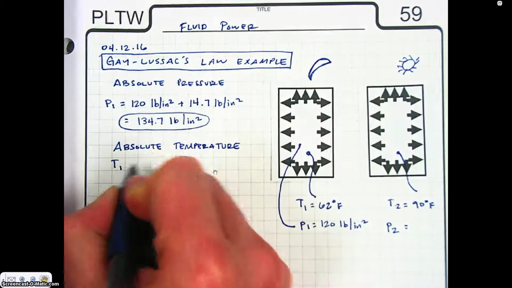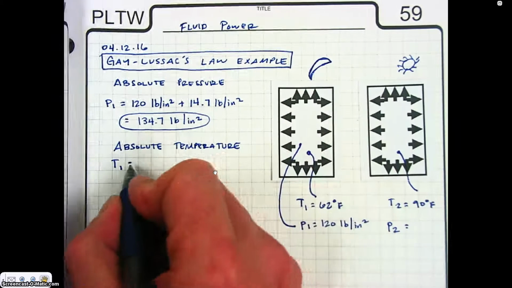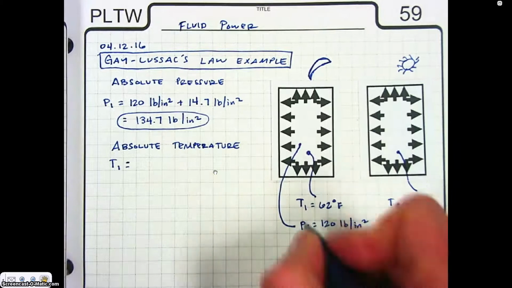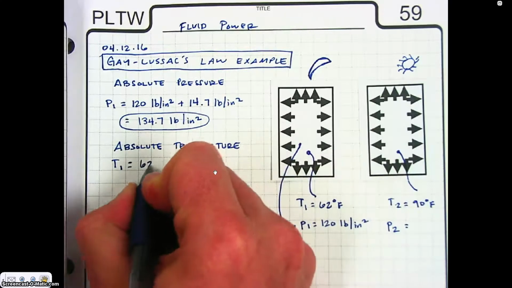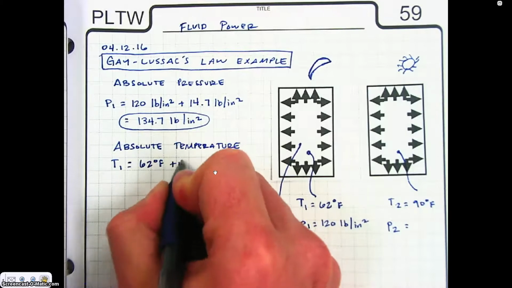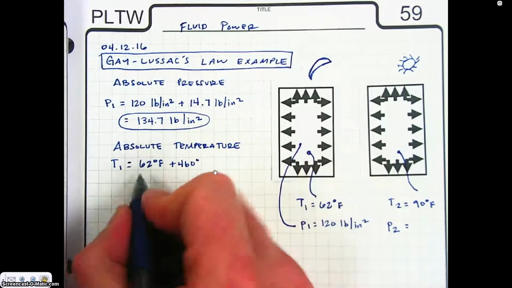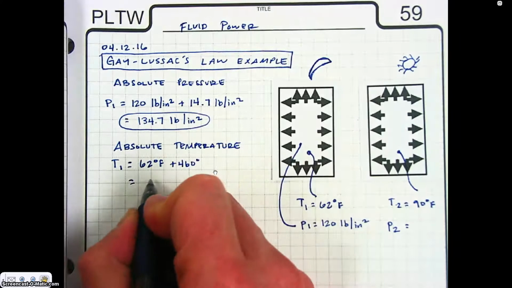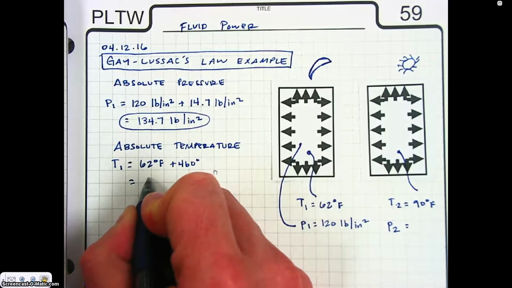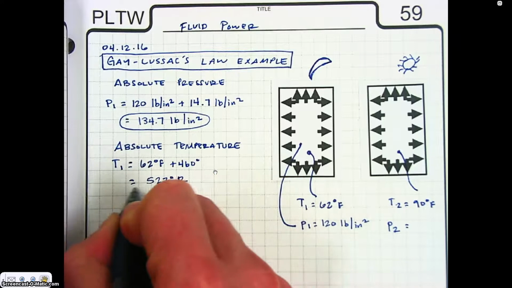So temperature 1 is equal to 62 degrees Fahrenheit plus 460, the conversion to Rankine. So we get an absolute temperature for T1 of 522 degrees Rankine.